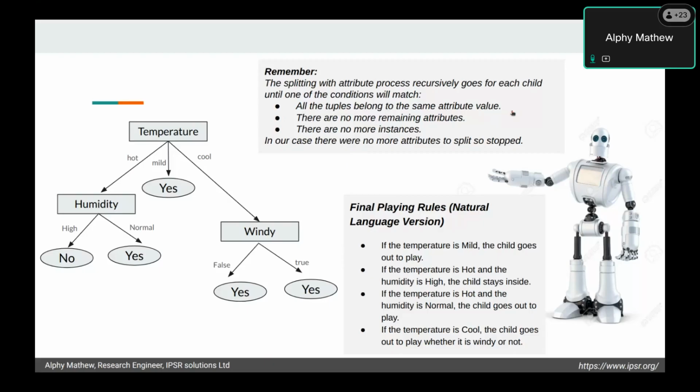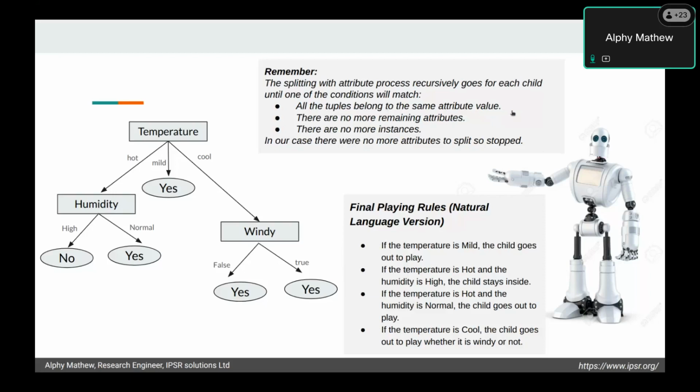If all the rows in our data set belong to the same class, then that is a pure class, and the split stops. Then if there is no more attribute to split, that is, no more column in our data set, the tree growing ends. The other case is that there are no more instances, no more rows in the subset to split. That is, the branch becomes empty.